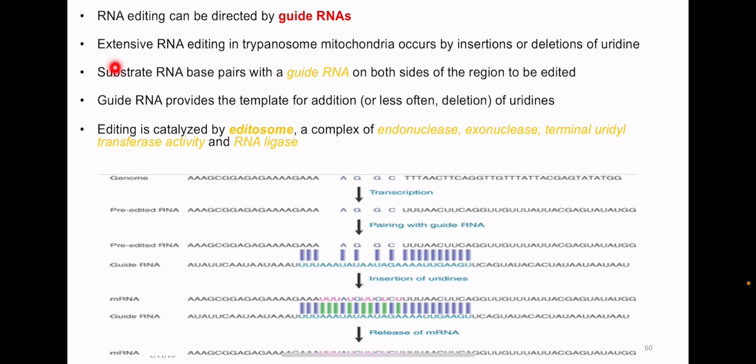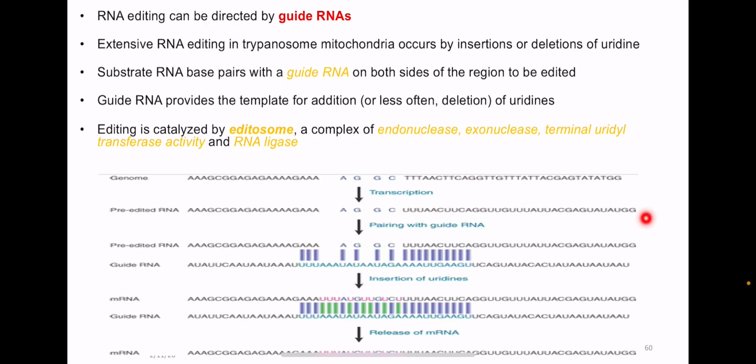Extensive RNA editing. These points are not important, and when you are reading, you will understand them. The last point: editing is catalyzed by an enzyme complex called the editosome. The editosome is a protein complex comprising an endonuclease, exonuclease, terminal uridyl transferase activity, and RNA ligase. Endonuclease cuts within molecules.